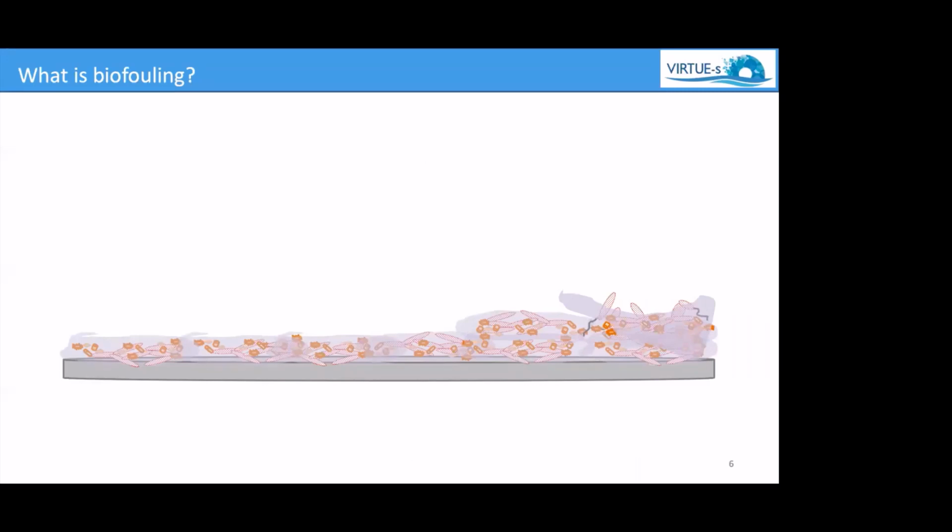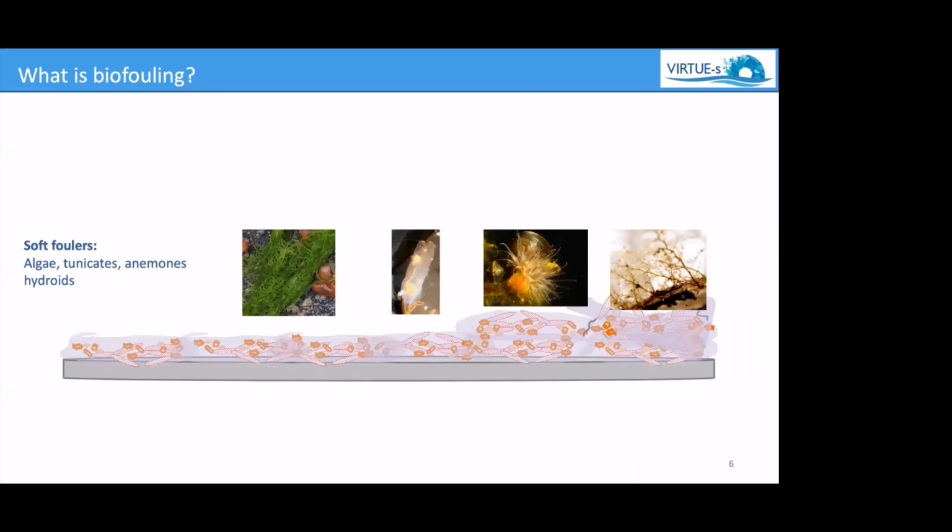Okay, so now we have the biofilm. And then the next thing that happens is the settling of the larger, multicellular organisms, which will normally be soft foulers if they are present in the water or in the location, like tunicates here, the anemones and hydroids, or if there are spores in the water, macroalgae or green algae spores.